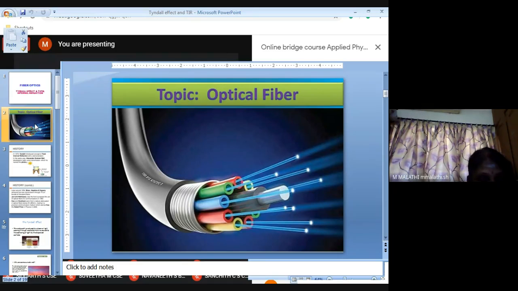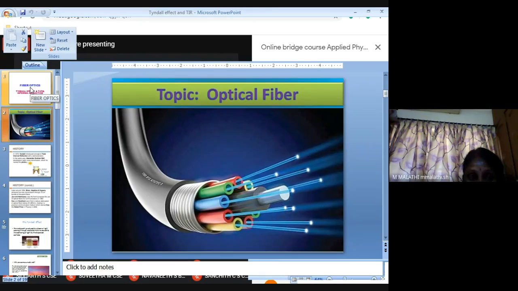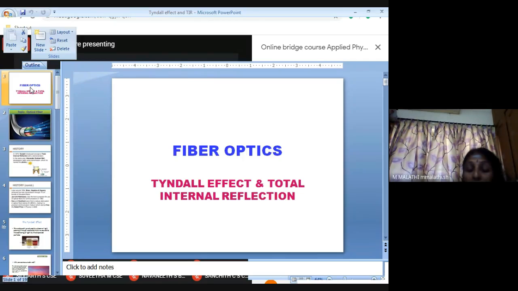We are going to see in detail the fiber optic communication, the basic concepts, and how this fiber optic cable is constructed.